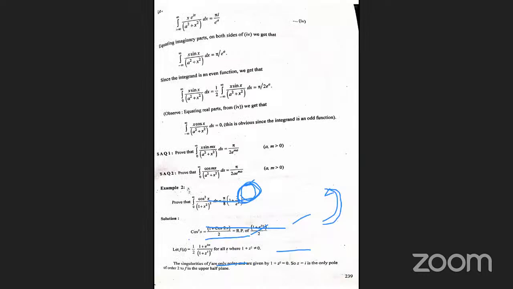Just now, minus infinity to infinity x into e power of ix by a square plus x square dx equals pi I by e power of a. Now equating the imaginary part on both sides, we are getting minus infinity to infinity x sin x by a square plus x square dx equal to pi by e power of a.